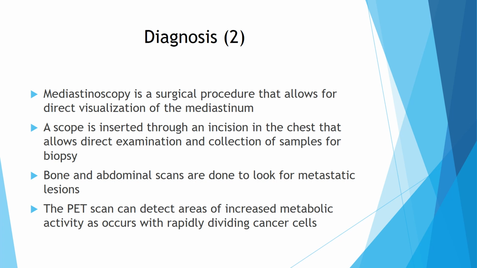A scope will be inserted through an incision in the chest that allows direct examination and collection of samples for biopsy. Bone and abdominal scans are done to look for mets, and the PET scan can detect areas of increased metabolic activity as occurs with rapidly dividing cancer cells.